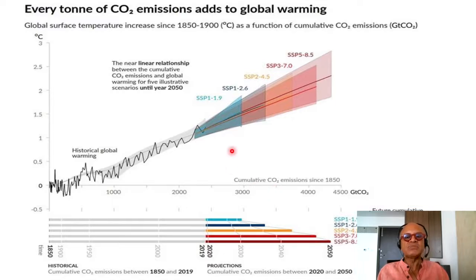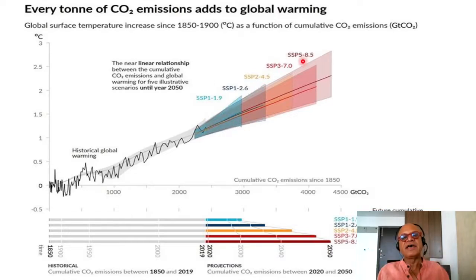Okay, so which means when we make future projections, these are the future projection scenarios called shared socioeconomic pathways, with numbers here 1.9, 2.6 to 8.5 being the radiative imbalance at the top. So that's the net forcing resulting in each of these scenarios.